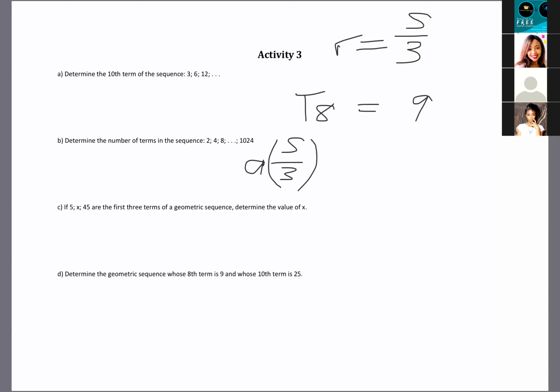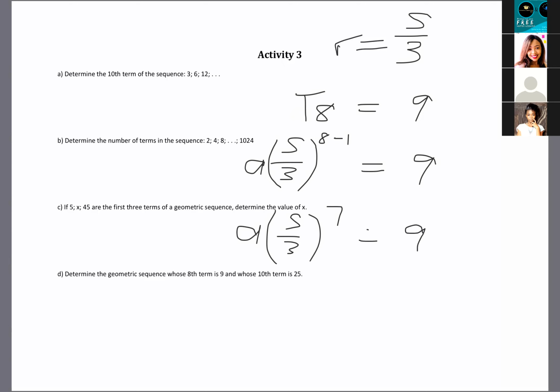And because it's 8 here, I know it's going to be 8 minus 1, so 5 over 3 to the power of 7 is equal to 9.